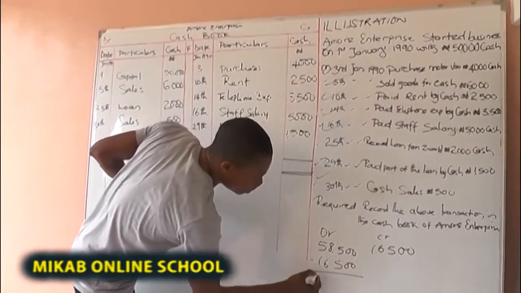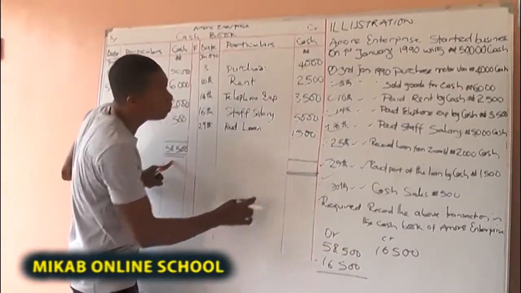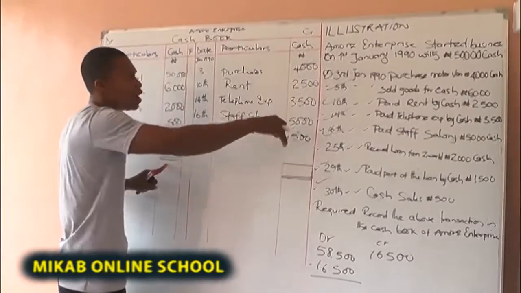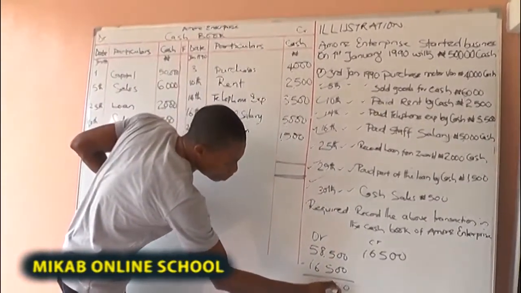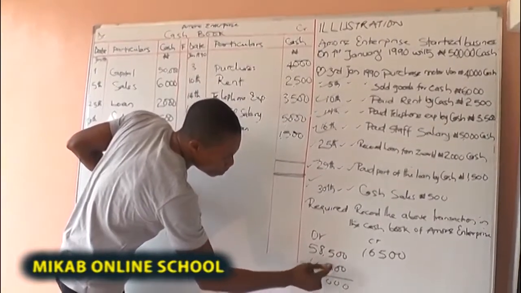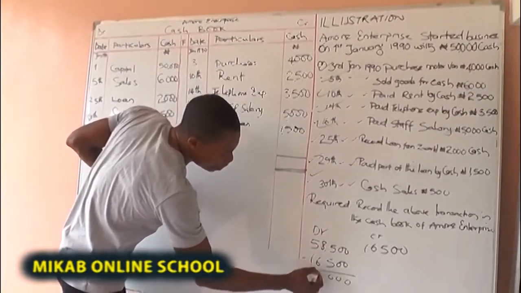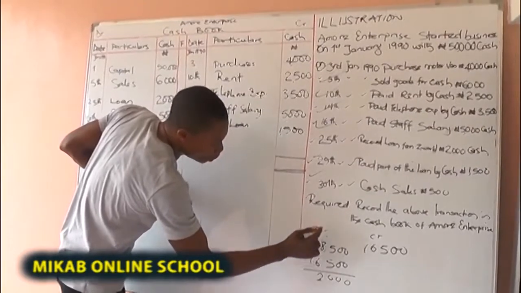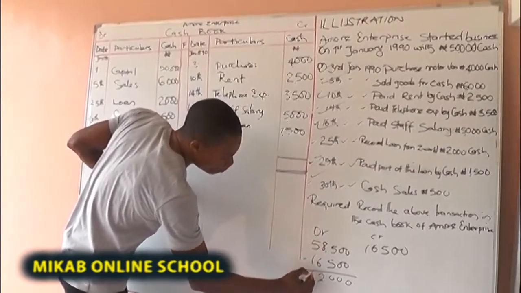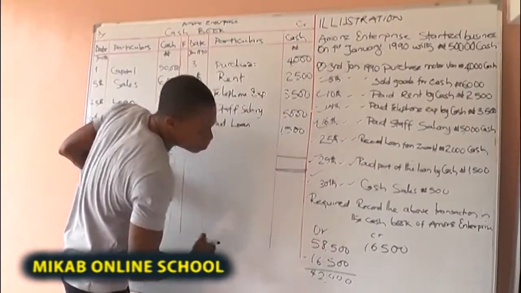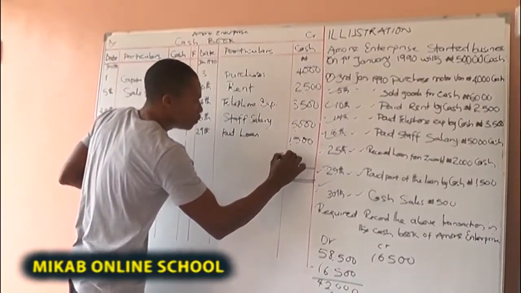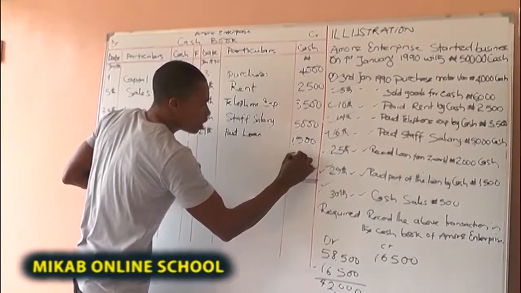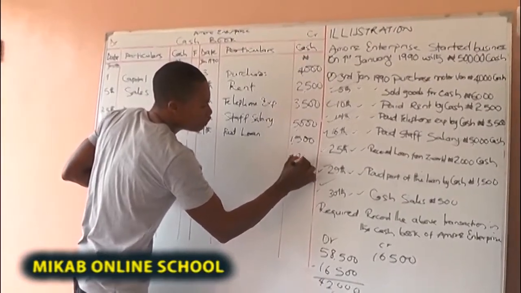I believe you understand where the 16,500 naira is coming from. That is the total value at the credit side. So when you subtract, 5 from 5, 0. 6 from 8, you have 2. 1 from 5, you have 4. Now the difference is 42,000 naira. The difference will be here as 42,000 naira.